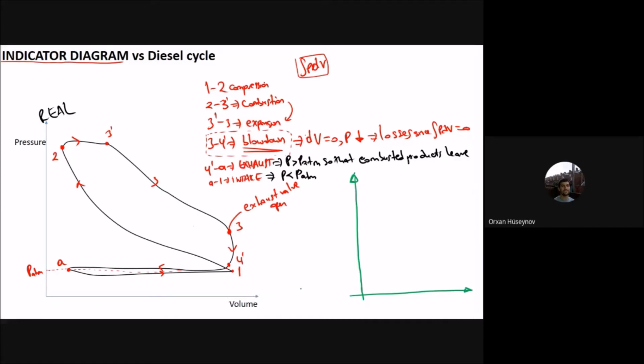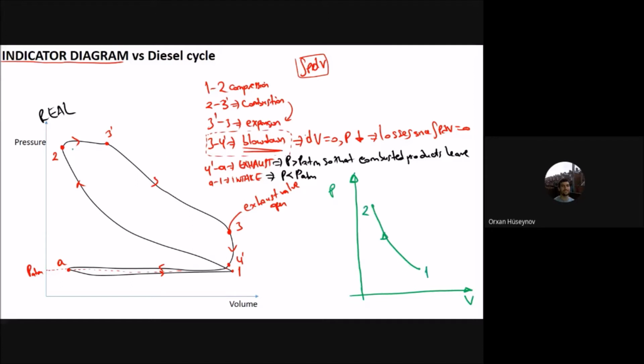Therefore, we are trying to understand the process in a thermodynamic way. Firstly, we will have the same process as the petrol engine. You have the compression stroke. Let me start somewhere around here. You have the compression stroke from 1 to 2.